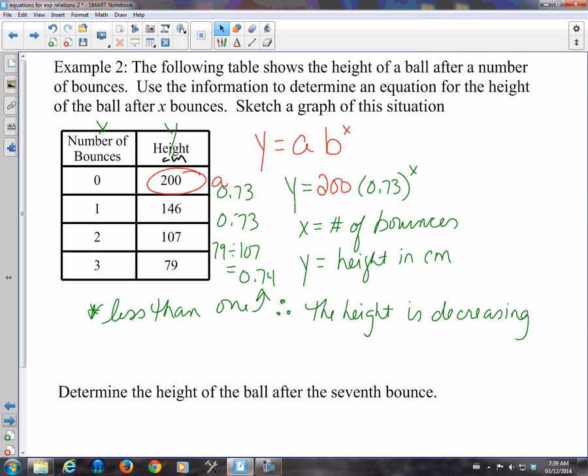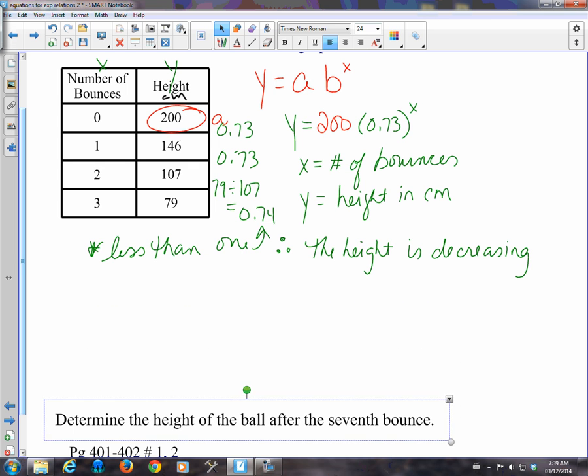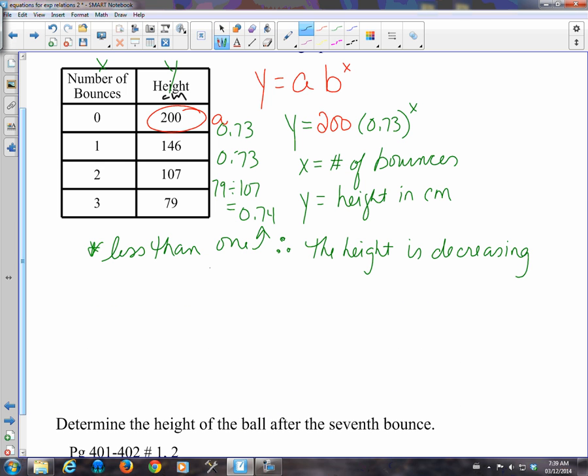And I need a little bit more space here because it also asked me to sketch the graph. So if I'm going to sketch the graph, I don't have to do a super big graph, but I do have to know that 0, 1, 2, 3.